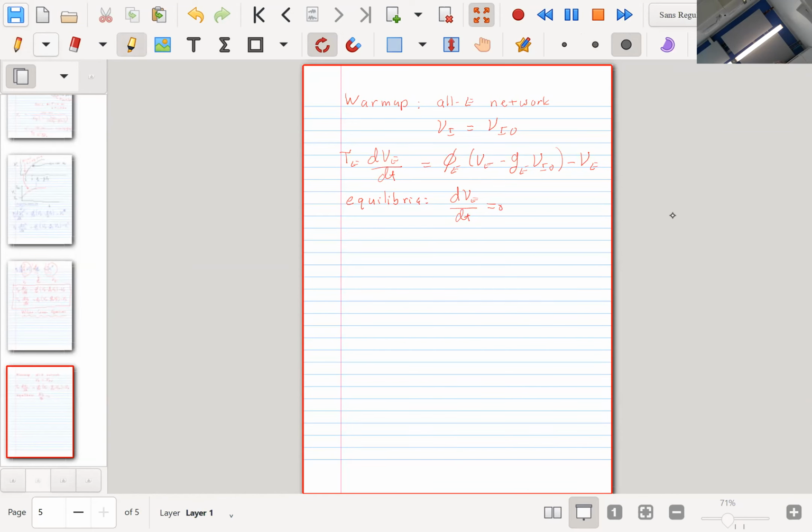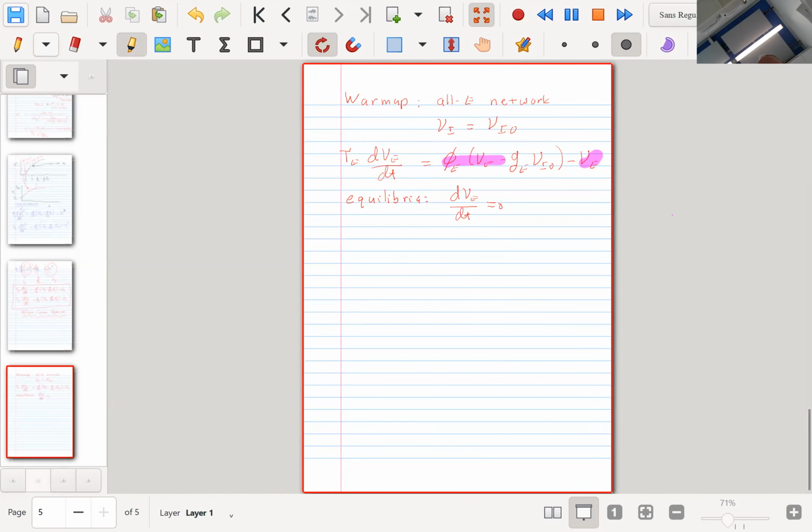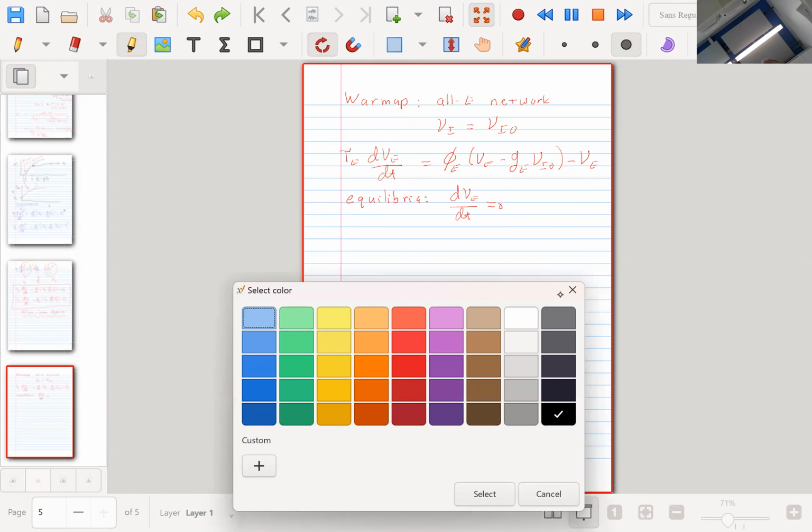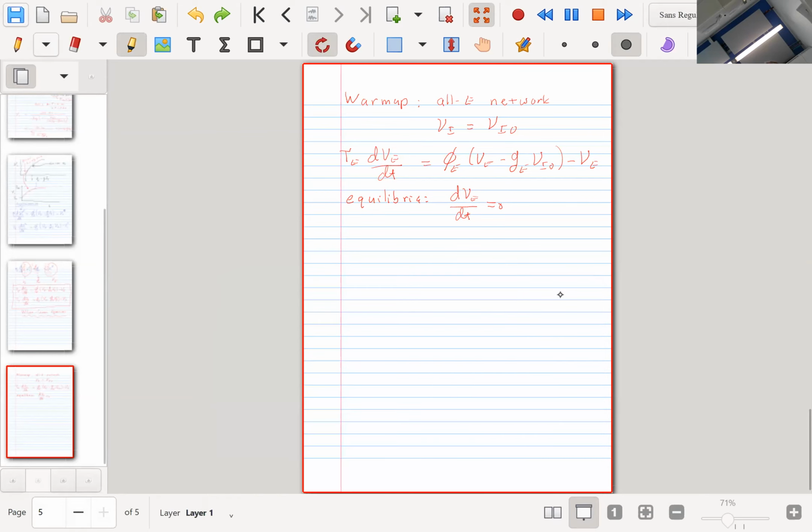And at that point, of course, basically nu E equals phi E. So the way we find that is basically graphical. It's kind of cool because it gives you something very powerful.